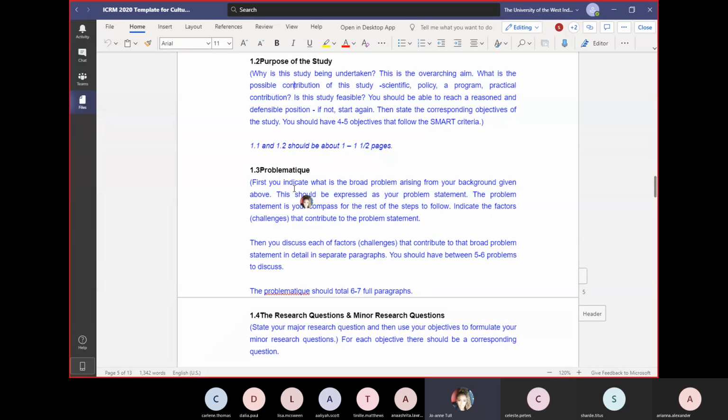The template, what do we have to do a little differently to what we would have had to do on the one page to make this now the problematic that they want for our research proposal template? Can anybody tell me? Is it that we get to put back the same 4 problems and that is the end of that? Oh, miss. What do we have to do that's different now?